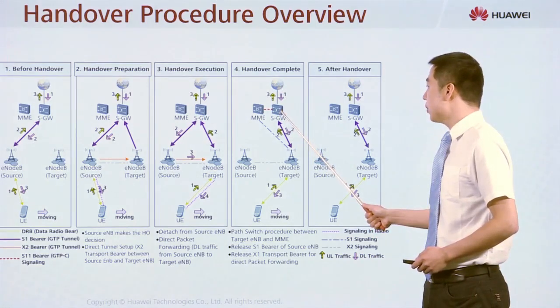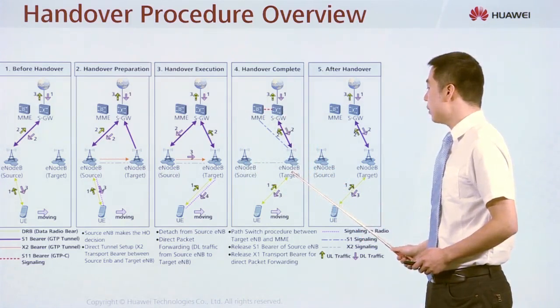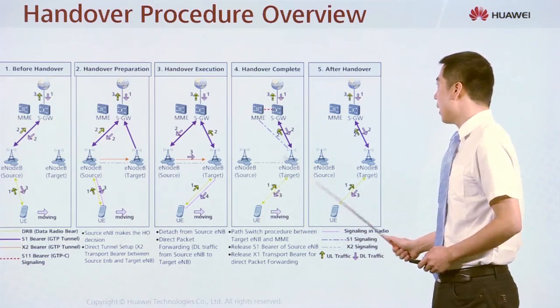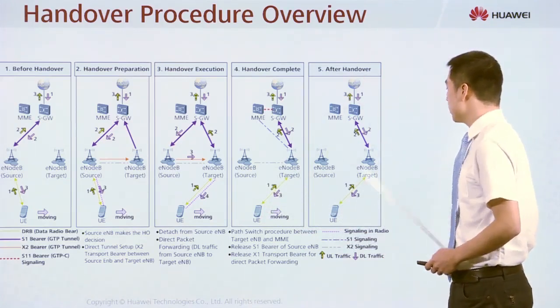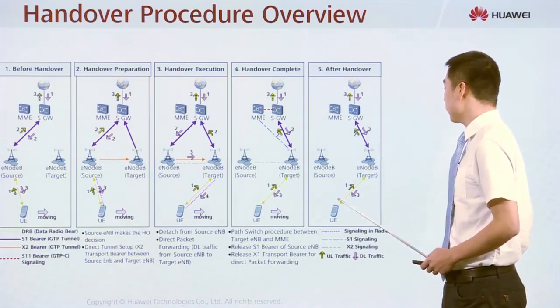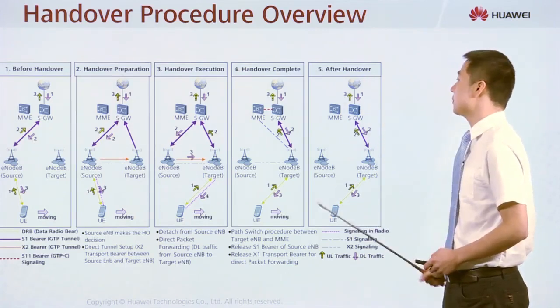The SGW will no longer send the downlink traffic to the old eNode B. The SGW will send the traffic to the new eNode B, and the new eNode B will forward the downlink traffic to the UE. After the handover, this is the traffic flow: both uplink and downlink traffic go between the UE, the eNode B, the SGW and the internet.